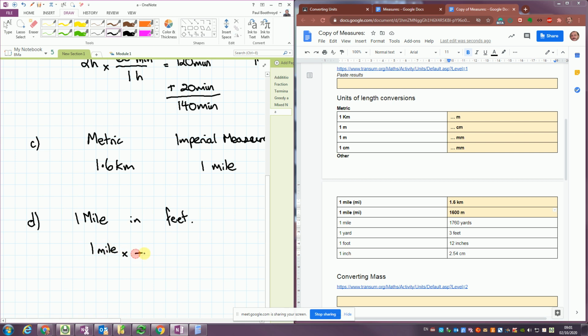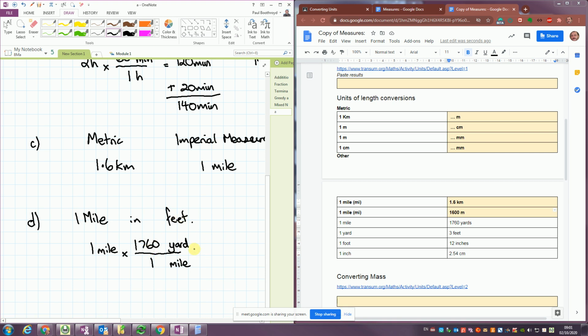I'm going to multiply that by a conversion fraction. I want miles on the bottom so that they cancel. So the mile goes in the opposite position. I've got the conversion to yards, or YD. So 1 mile is 1,760 yards.